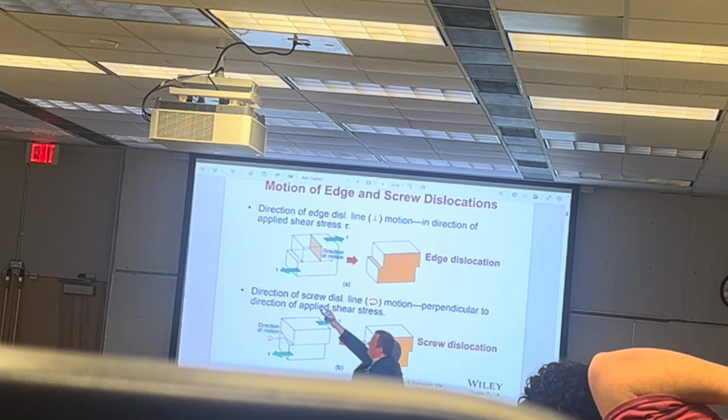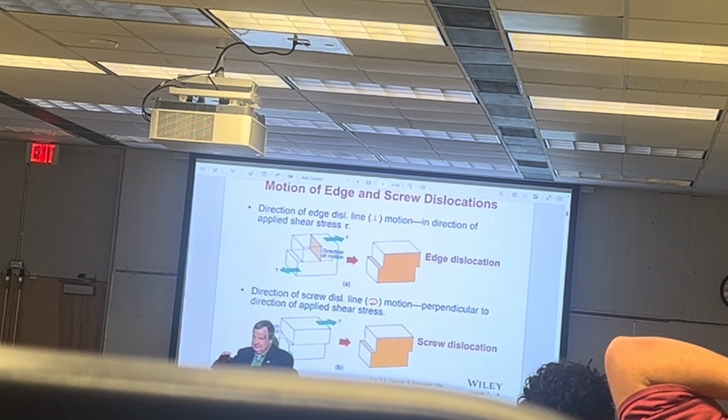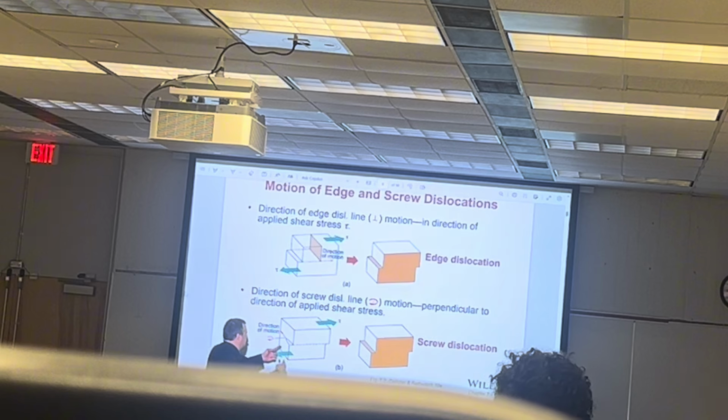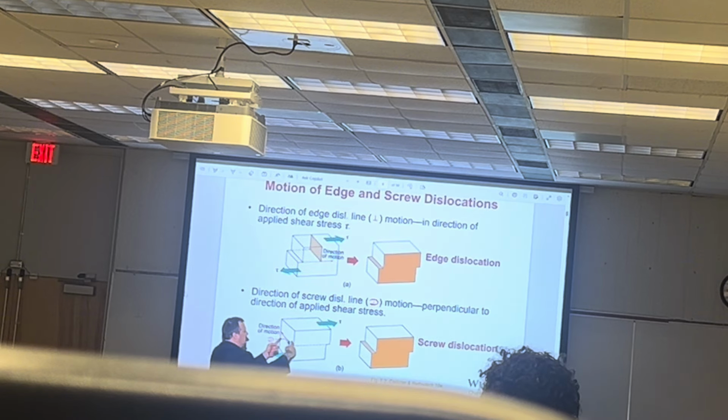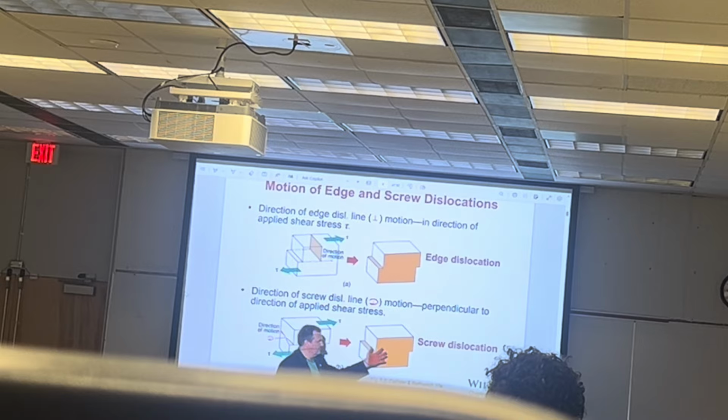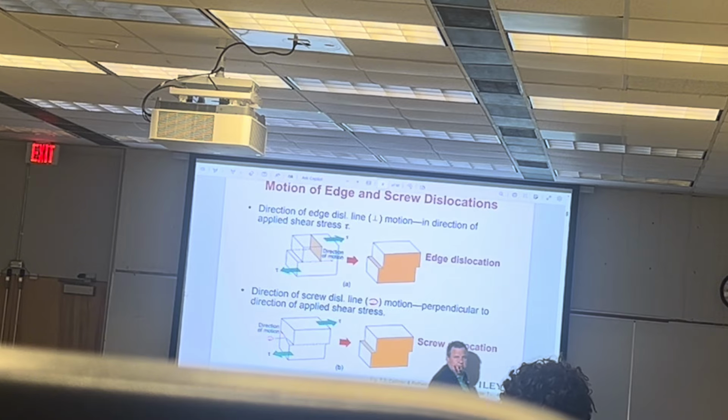For the edge, you can think of it as when the whole thing is displaced. For the screw, it's like this, so a portion of it. In the end, the result is the same for both screw and edge dislocation. The step on one side of the surface ends up on the other side for a single crystal.